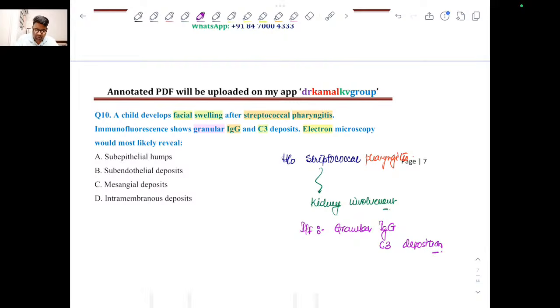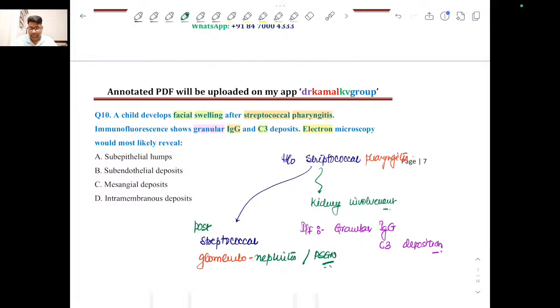Now here the nomenclature is very easy. So this is post streptococcal glomerulonephritis, right? This is a classical case of PSGN, where there is a past history of streptococcal pharyngitis.